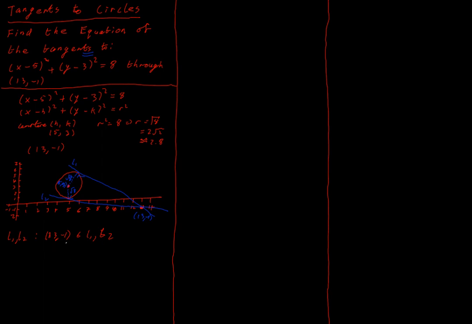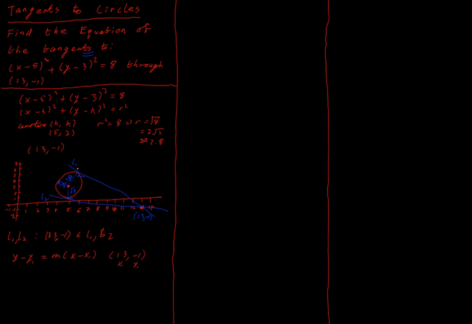But I do not know the slope of my line. So I don't know the slope of L1 or L2. But I could use my line equation as normal, y minus y1, because I know that a tangent is a line. So I can use that fact along with the fact that I have my point on my line, x1, y1.